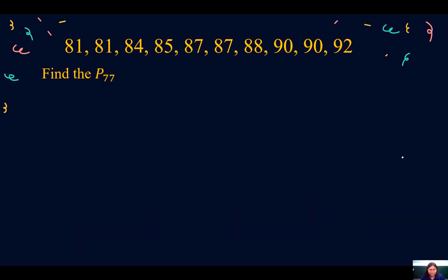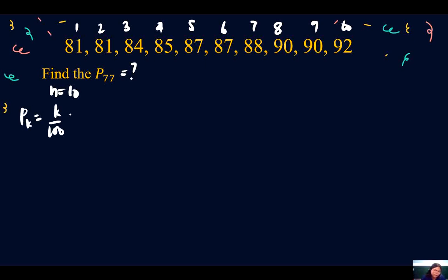Now, let's proceed to P77, 77th percentile. Okay, let's count this again. Our N is equal to 10 and we're looking for the 77th percentile. Our formula is P sub K, K all over 100, quantity N plus 1.